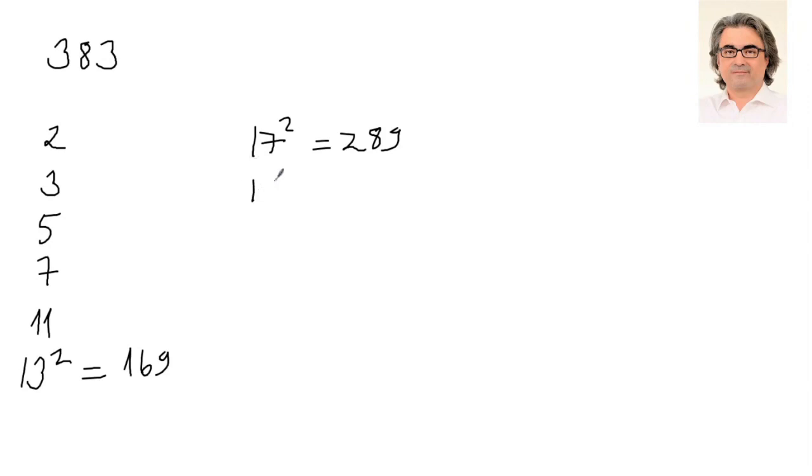And what about 19? 19 is also a prime number. Its square is 361. But after that 23 comes. 23 square is greater than 383.